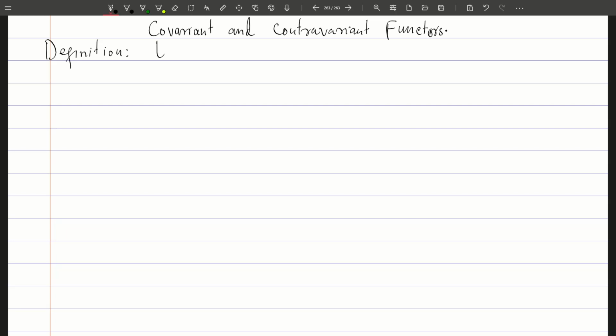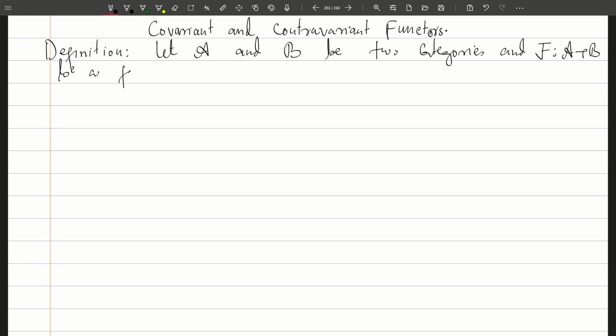So let us suppose A and B be two categories, and say script F from category A to category B is a functor.